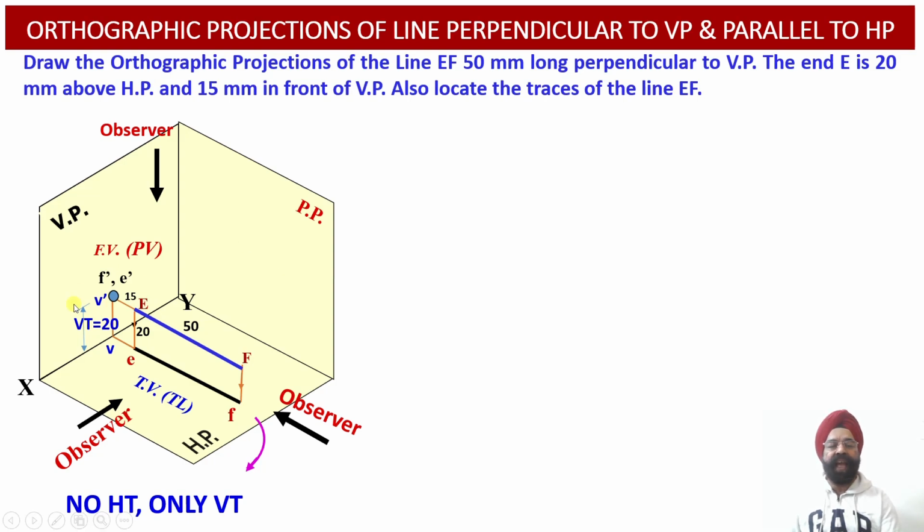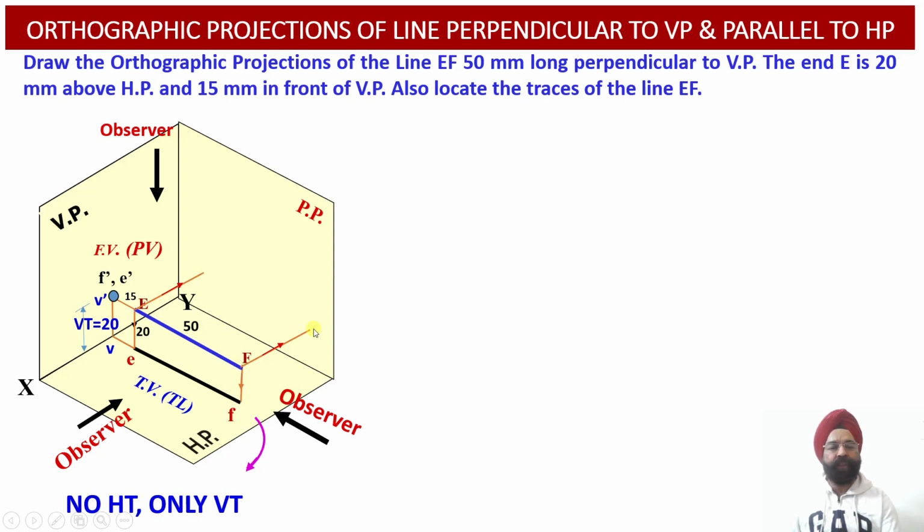Since this line is parallel to the profile plane, the projections obtained on the profile plane, while the observer looks at this line from the left hand side, will provide us with the true length projection of the line in the left hand side view. Just see that the observer is looking at this line from the left side. So point E will be projected over here as E double dash.